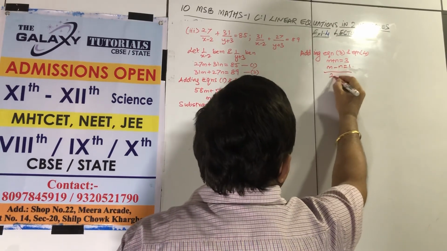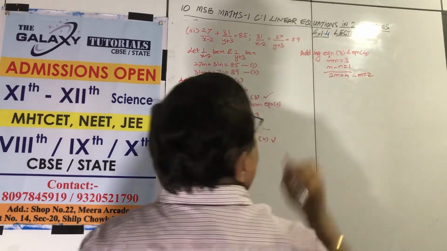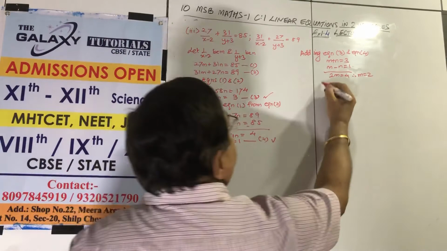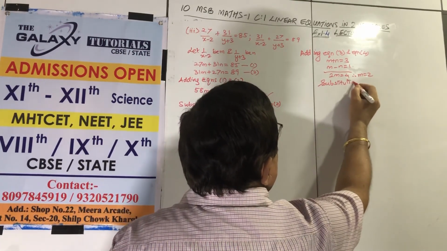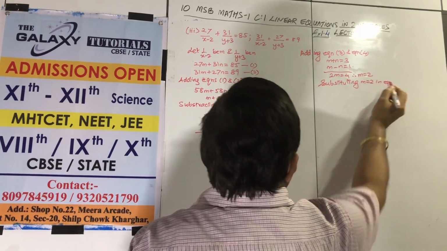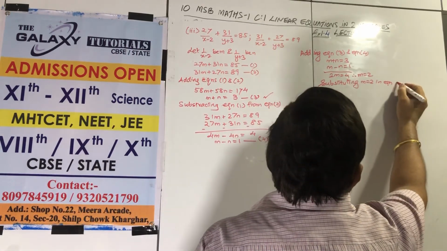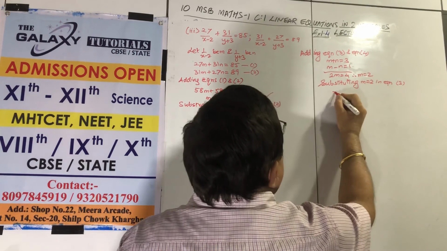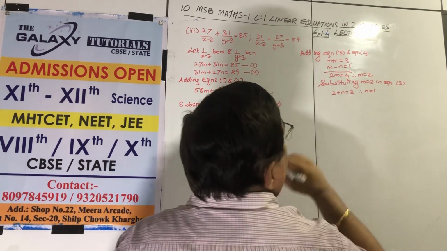When I add 2m is 4, therefore m is 2. Substituting m is 2 in whichever equation is our simplest. You can even look at this equation 3. So 2 plus n is 3, therefore n is 1.